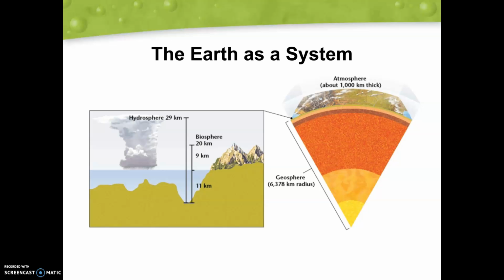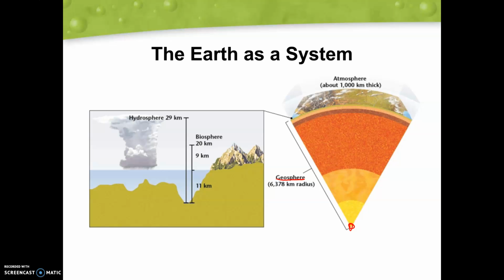So Earth as a system, I'm sure we've all heard of the different layers of our Earth, the crust, mantle, and inner core and outer core. That all makes up our geosphere. Our geosphere is going to be from the very top of our planet, the very outer edge, which is our crust, all the way to the center of our core.